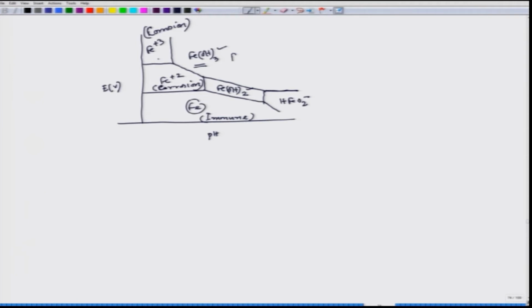This is passive. This is also passive zone. Now, interestingly, just like in case of aluminium, we have one complex ion which is HFeO2 minus. This also dissolves in water easily. So, again this zone definitely will be corrosion zone.